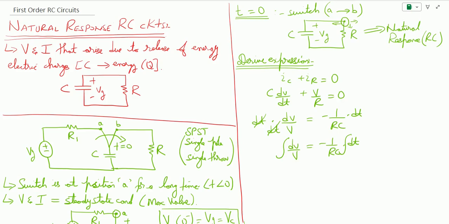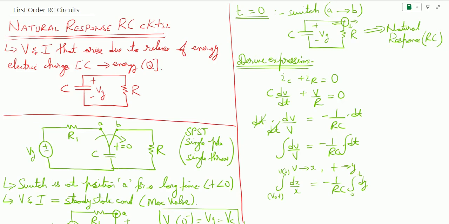So I'm going to represent V with x and t with y just to make a generic integration. So if I integrate this as dx by x and I write it in terms of minus 1 by RC dy, I can write the limits as V naught of t initial value to V of t, and same goes from 0 to t.